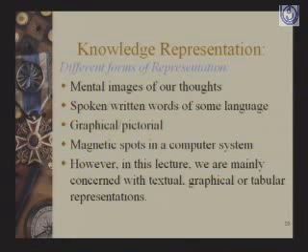Then spoken and written words of some languages is also one of the ways of representing knowledge. Then graphic and pictorial. We are given a hilly scene on which some animals are roaming about, and so on. Now this pictorial representation tells us about the scene of a particular place. So this is also knowledge.